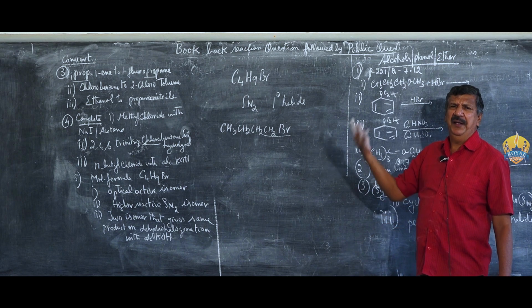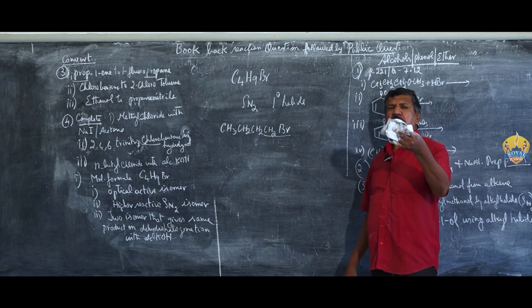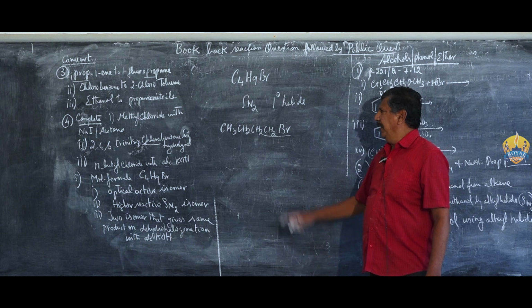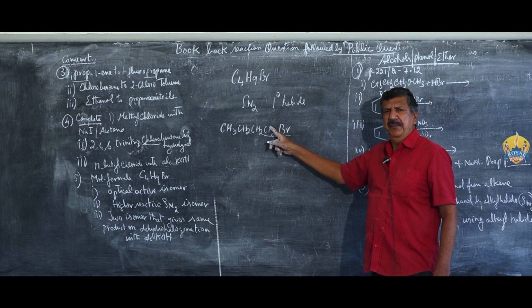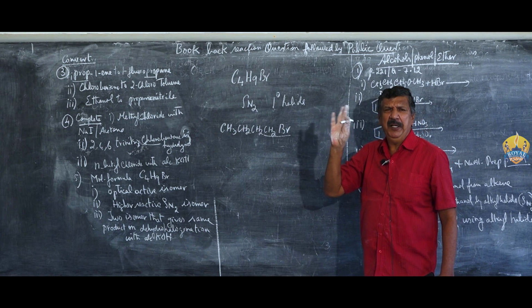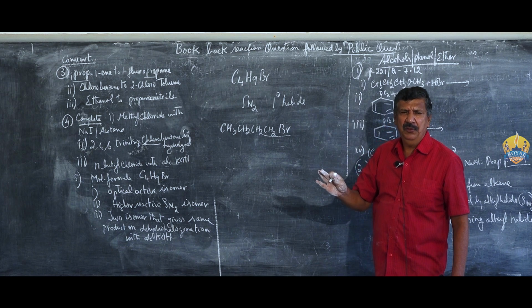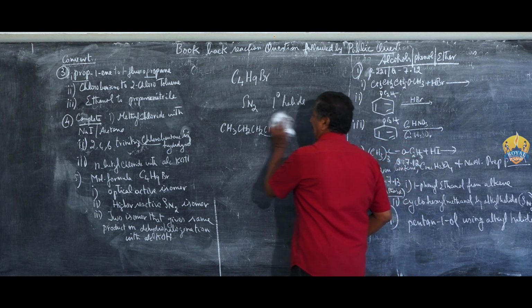Moreover, it is linear. If they ask for SN1, you should go for tertiary. SN2 means primary halide. SN1 means tertiary. Keep it in mind.